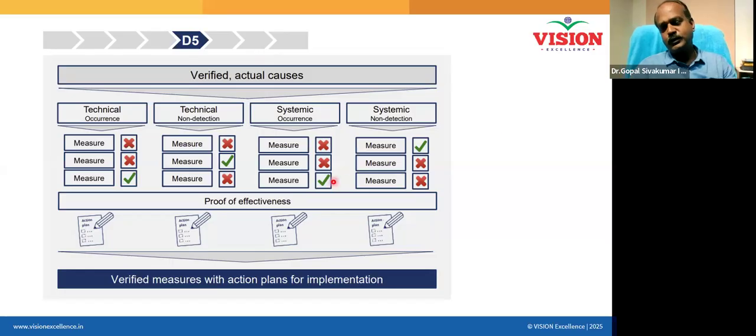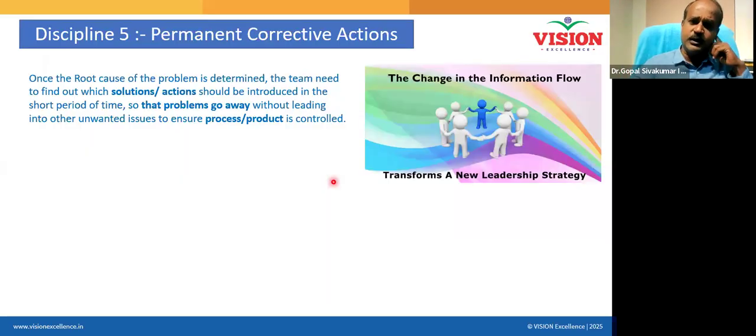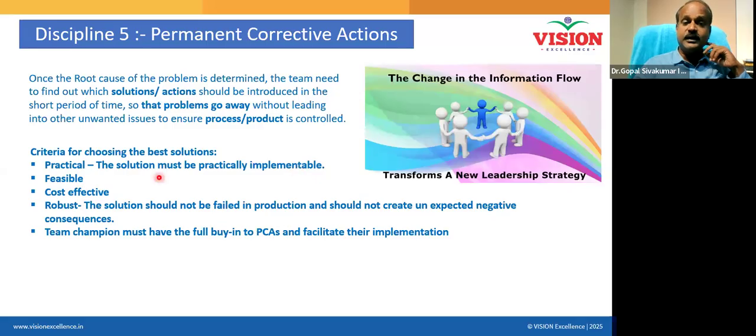So certainly you will be able to find the corrective actions, and you involve your team, involve your stakeholders, and be practical. Consider the solutions which are feasible, consider your organization's criteria, cost effective, and let your solution be robust.